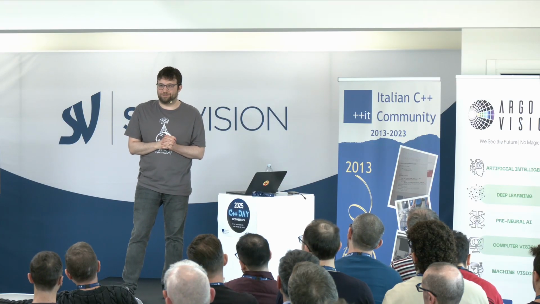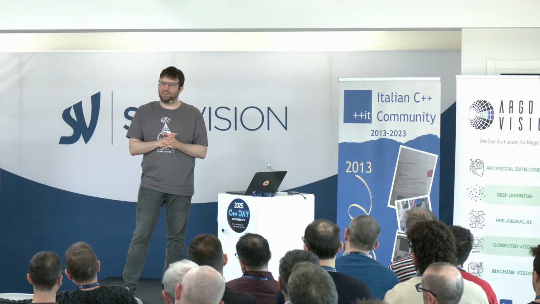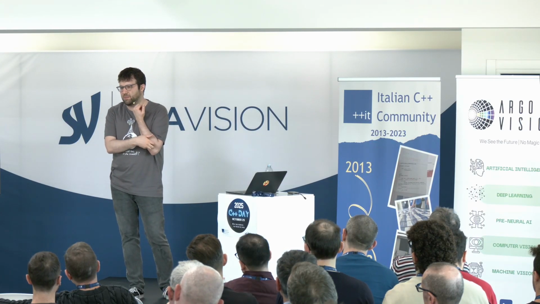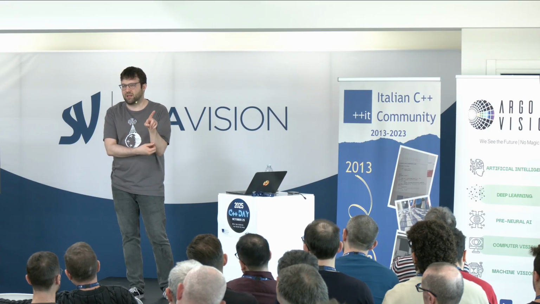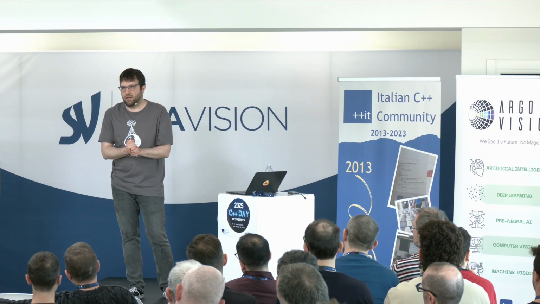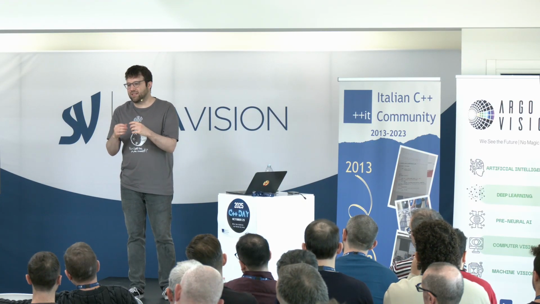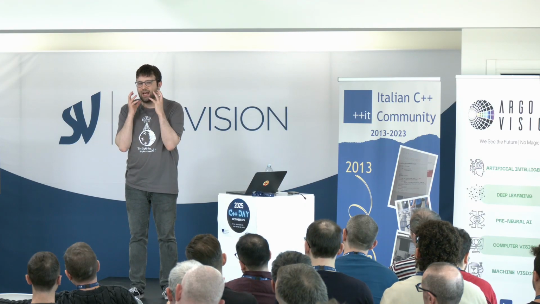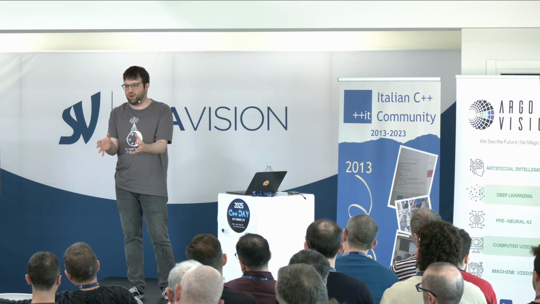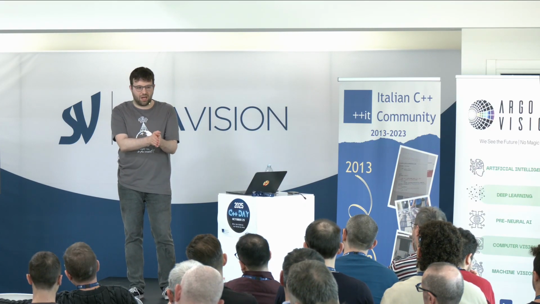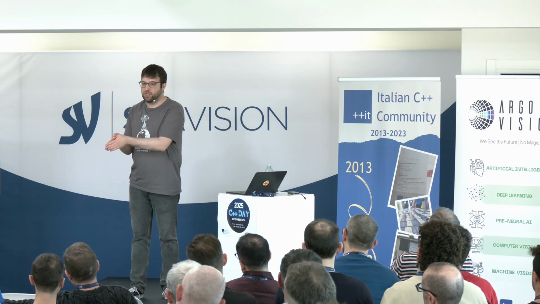ARM folks came up with this idea. I don't think this was them originally, there were some other people. RISC-V does some of the same things, where the architecture by default does not tell you the size of its SIMD registers. On ARM, it says between 16 bytes and 2 kilobytes.